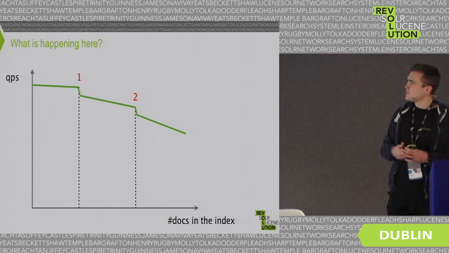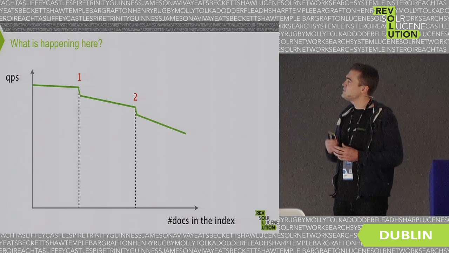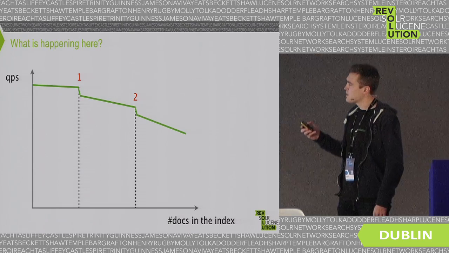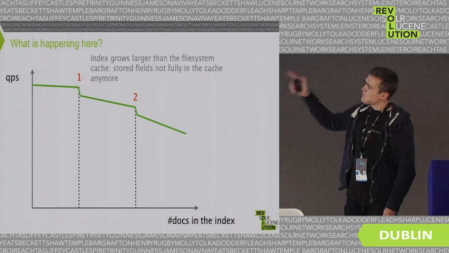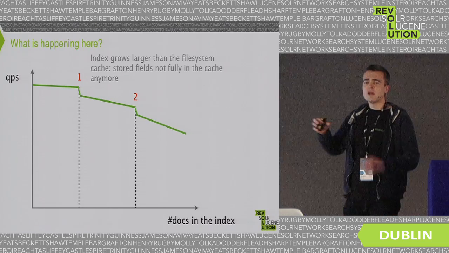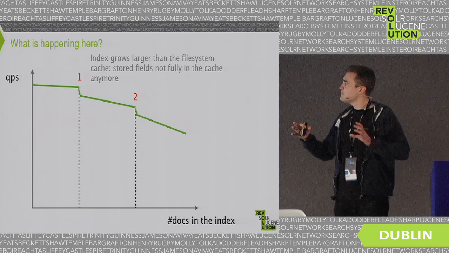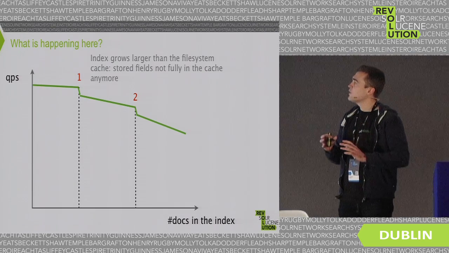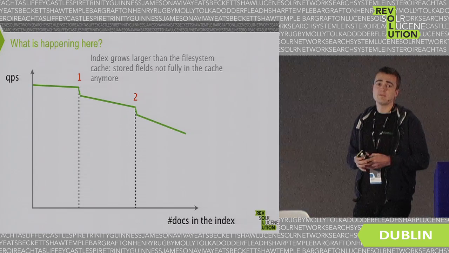So, the answer which was given is the correct one, and the answer is that it's related to the size of your file system cache. What is happening there is that at point 1, at the beginning we had a very small index, but it grows, and in the end, the stored fields are going to be larger than the size of your file system cache.